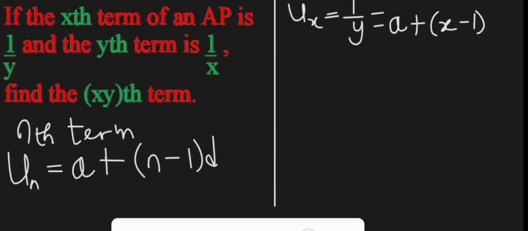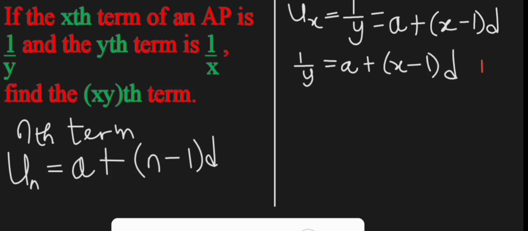So in this question, the xth term, u subscript x, is 1 over y, and that is a plus, n is the xth term, so (x minus 1) times d, the common difference. That is 1 over y is a plus (x minus 1)d.